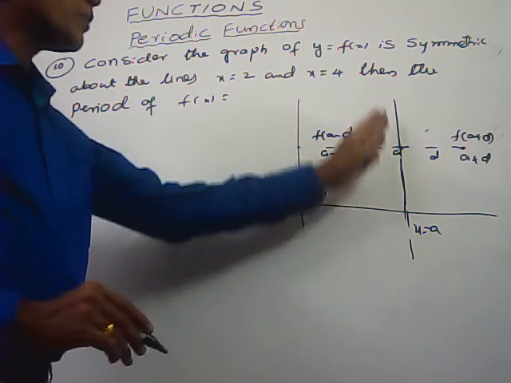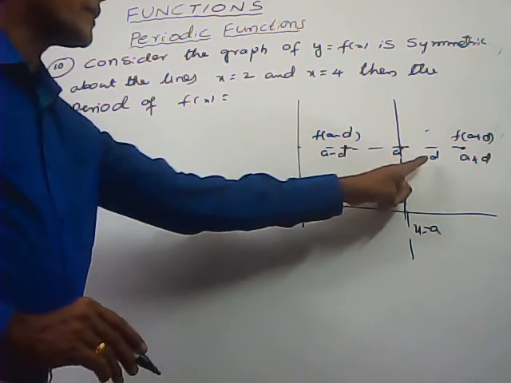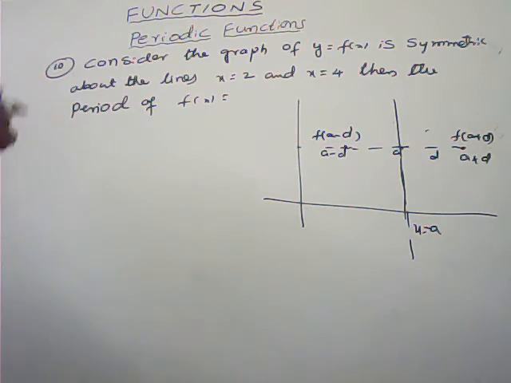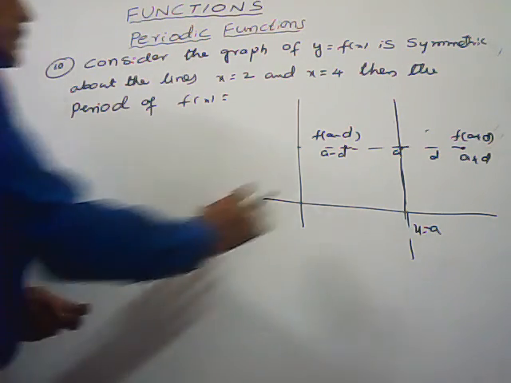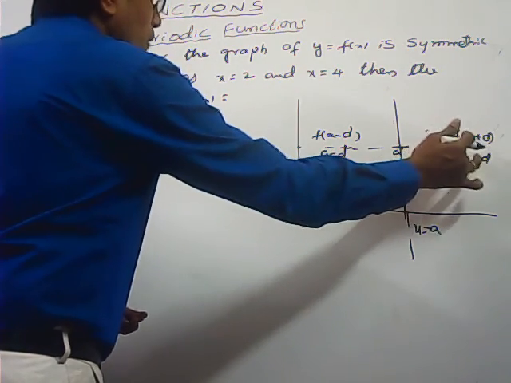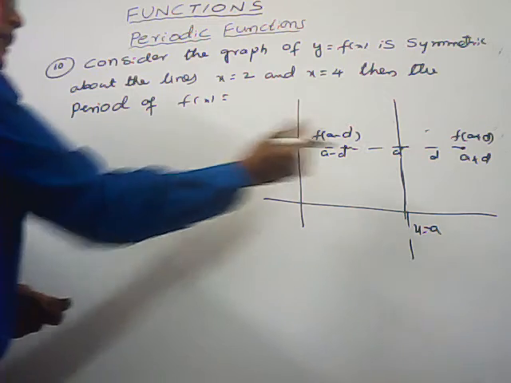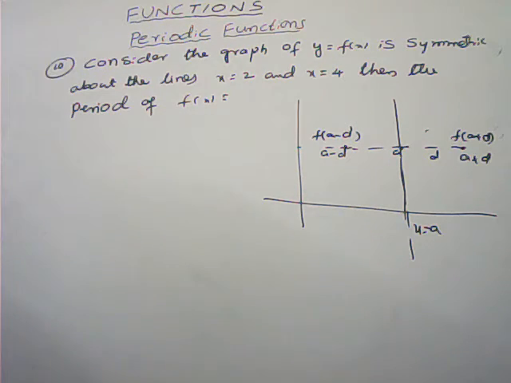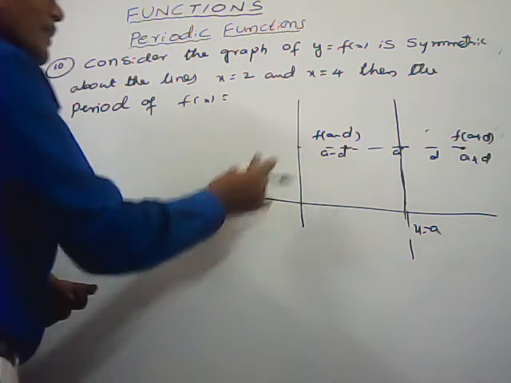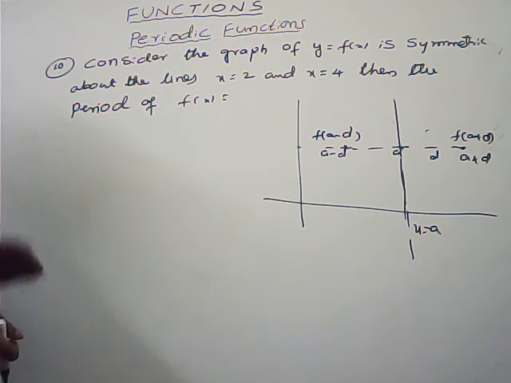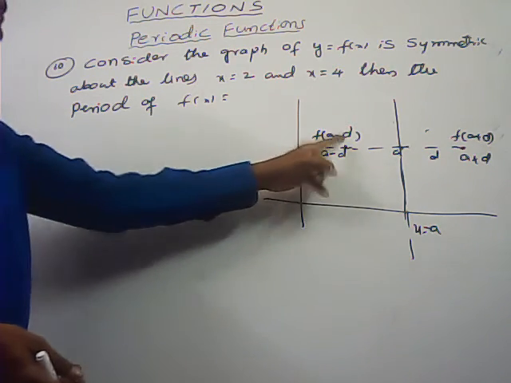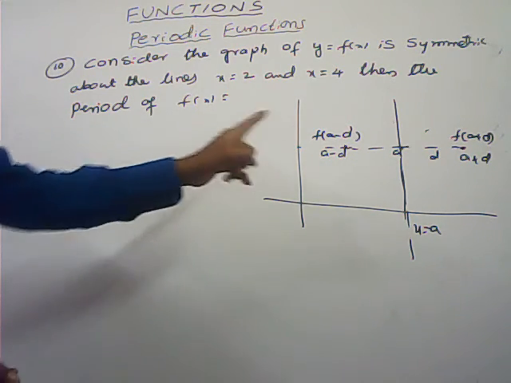Since the curve is symmetric about x equals a, on the right side at a distance d units you take the point a plus d, with corresponding y value f of a plus d. On the left side, at the same distance d units, you take a minus d, with corresponding y value f of a minus d. Both are equal.